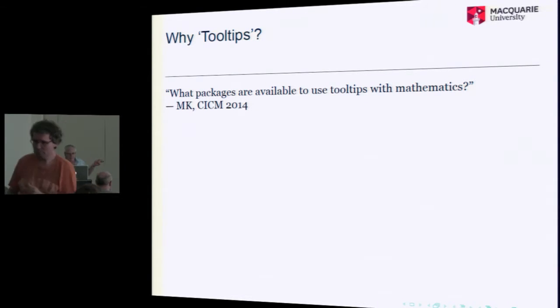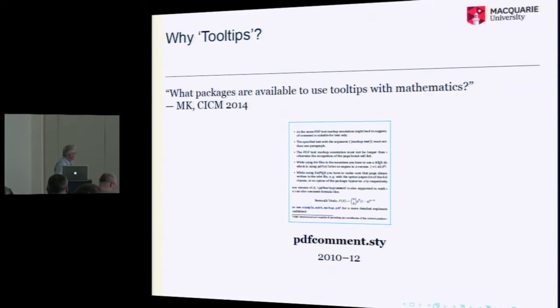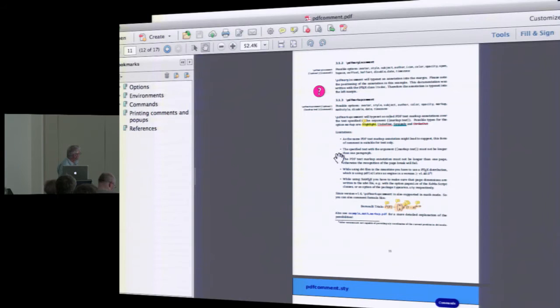Just over a year ago, one of the guys at another conference, the previous one to what I was at last week, his name's MK, stands for Michael Kohlhauser, asked me what packages are available to use tooltips with mathematical content. And I said, there's this package called pdfcomment.sty, and it does good things.